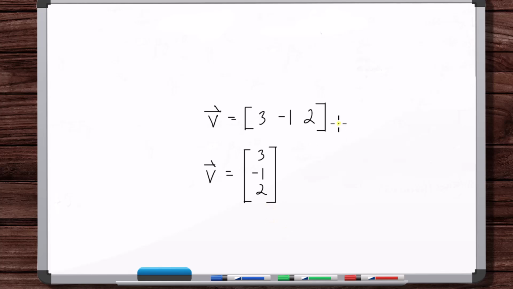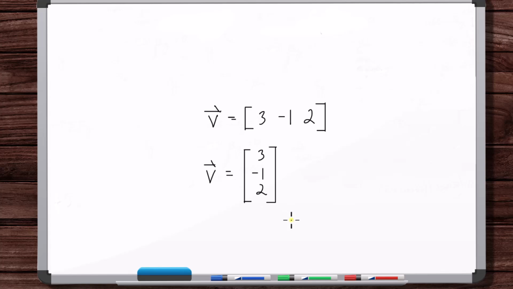Okay, and so in this case, since there's 3 values in this row or column matrix, this is a 3-dimensional vector. Each value corresponds to a dimension. If we had a 2-dimensional vector, we'd have just 2 values. It would be a 1 by 2 matrix or a 2 by 1 matrix.